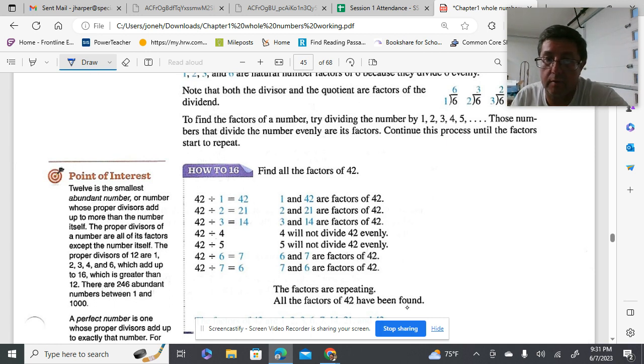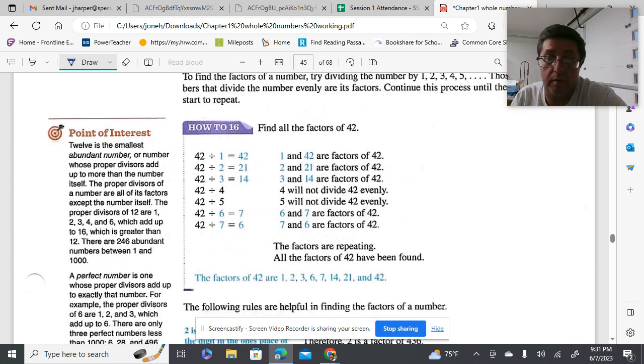Find the factors of 42. 42 divided by 1 is 42. 42 divided by 2 is 21. 42 divided by 3 equals 14. 4 will not divide into 42 evenly, so it is not a factor.